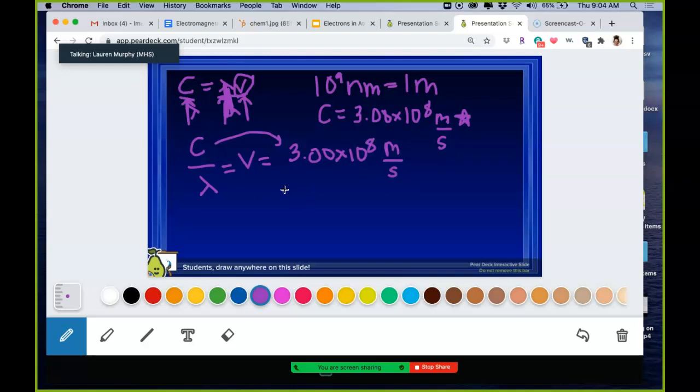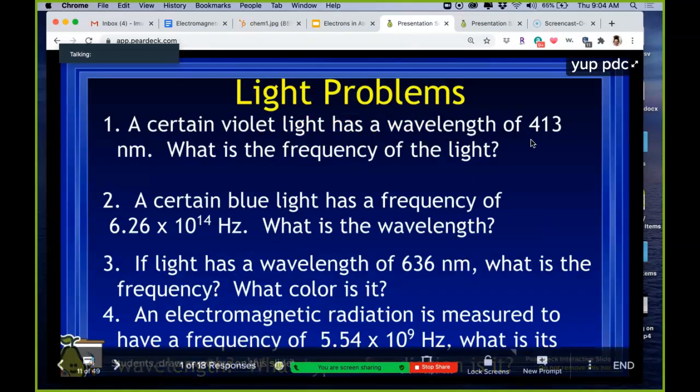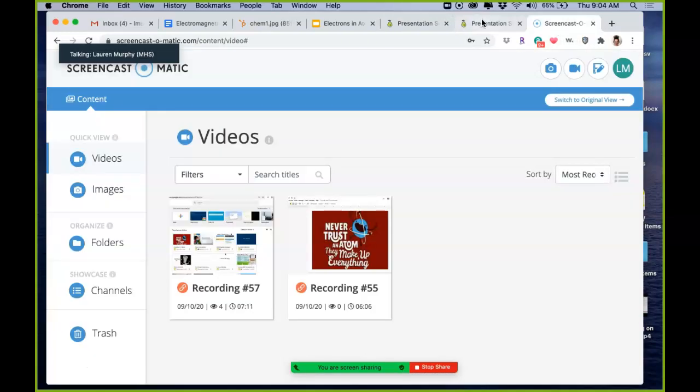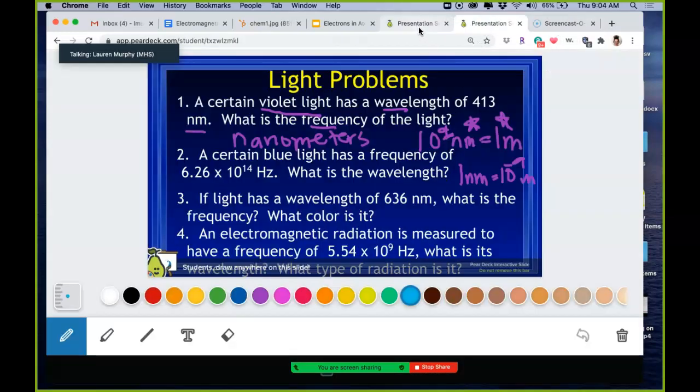That's c. Divided by, now, you cannot plug in nanometers. Let's see, what was the nanometers I gave you? 413 or something? Yeah, 413 nanometers, which corresponds to violet light.